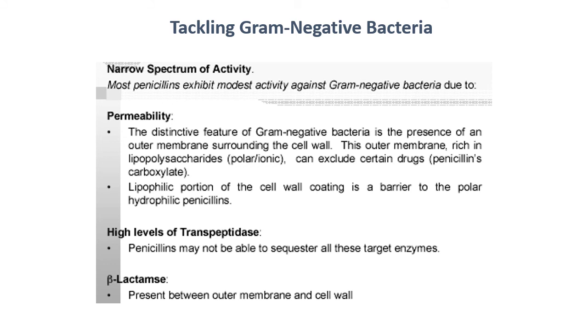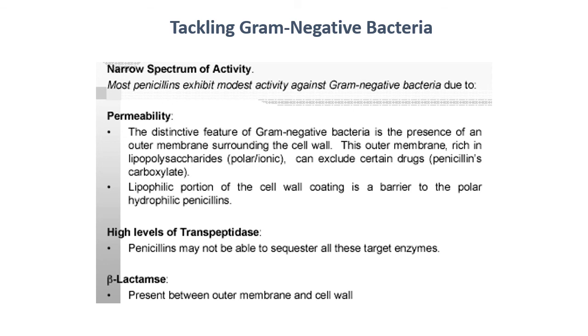Another issue is something called transpeptidase. Gram negatives have high levels of transpeptidase sandwiched between the two membranes, which means you need a higher dose of your drug, your penicillin, to inhibit it. Otherwise, you won't get sufficient inhibition. And finally, the third problem is that they often also have an enzyme called beta-lactamase.